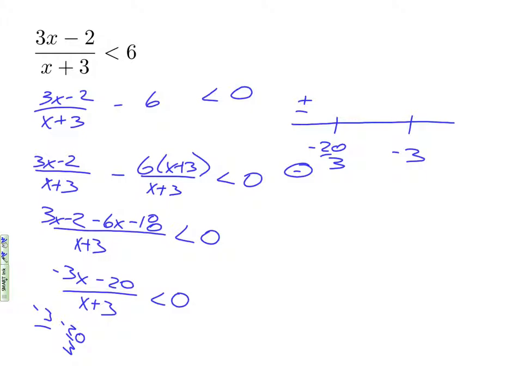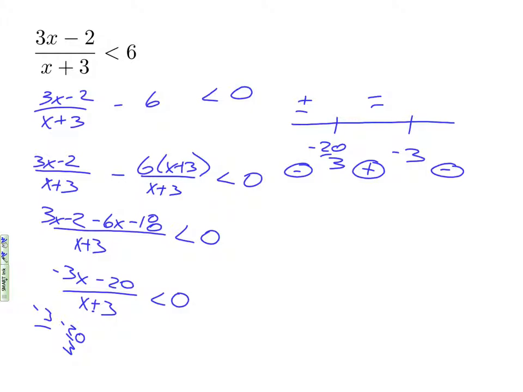How about negative 4? Let's do negative 4. So negative 4 on the top, that makes that 12 minus 20, which is a negative. Negative 4 on the bottom also produces a negative, which means I have a positive. Then on the right side, we should definitely pick 0. 0 on the top is negative, 0 on the bottom is positive, which means that section is negative.